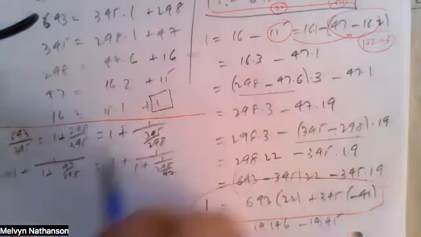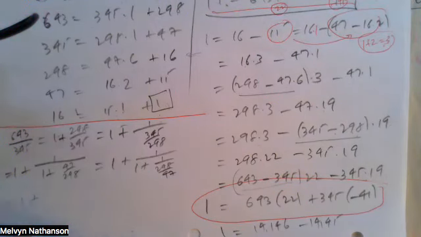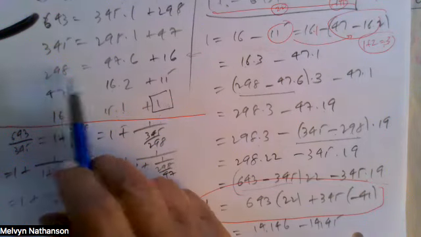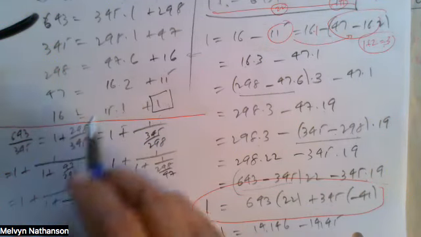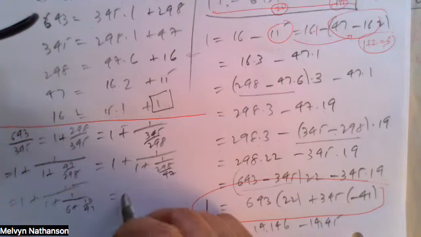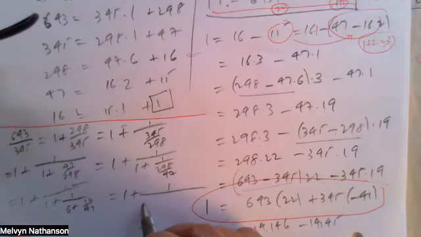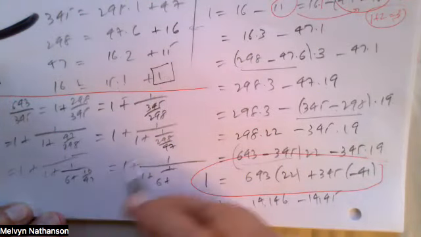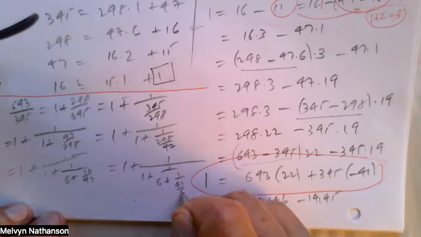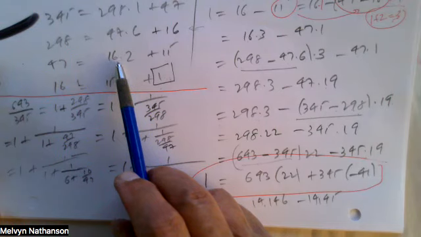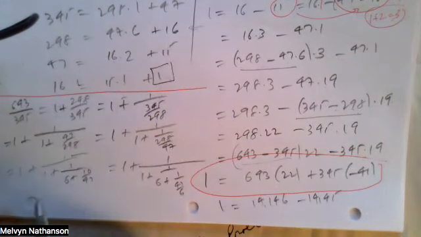So now I'm looking at this equation. This is 1 plus 1 over 1 plus 1 over 298 divided by 47, which is 6 plus 16 over 47, which is 1 plus 1 over 1 plus 1 over 6 plus 16 over 47, which is 1 over 47 over 6. 47 over 6 is 2 plus 15 over 6.